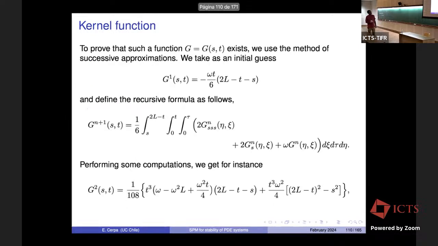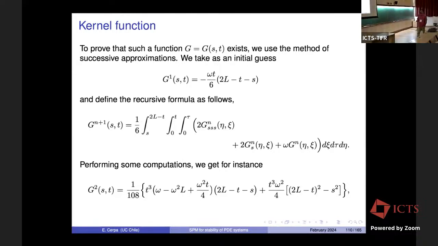So you start with G_1 in this way, and then G_{n+1} is the integral part of your formula depending on the previous G, on G_n. You define the method like that, and you can get tired doing some computations in order to get G_2, G_3.